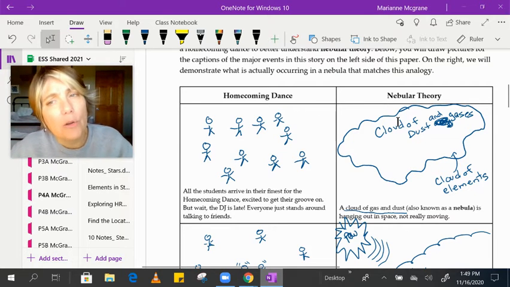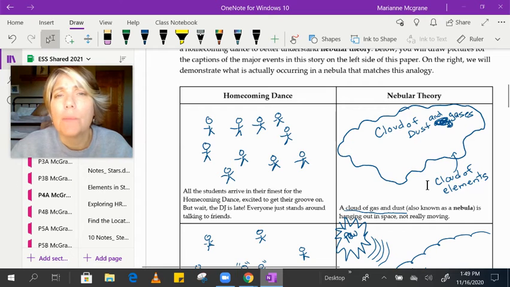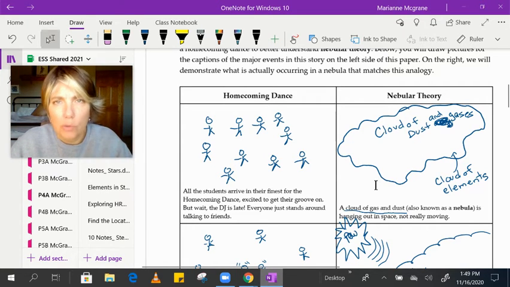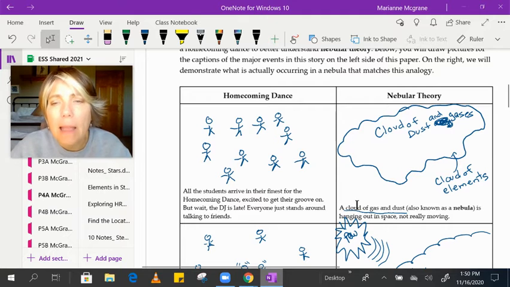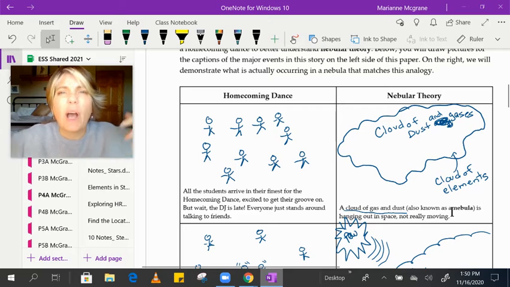If we look at our nebular theory, when we talk about what we need to build a solar system, we need the ingredients. We need all of the elements that are found in this giant cloud of dust and gas. This is a cloud of elements called a nebula cloud. This cloud of gas and dust, also known as a nebula, is just out in space.